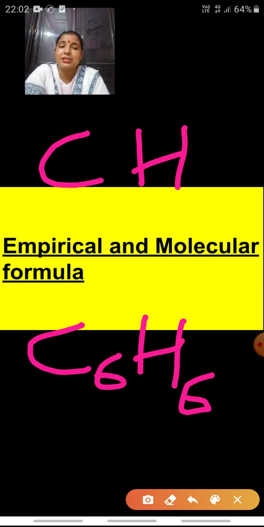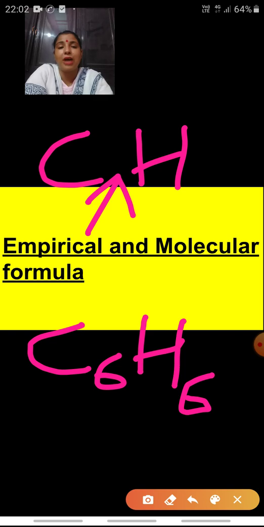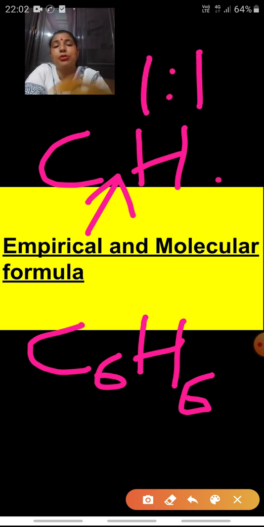It will just give you the simple whole number ratio of the different types of atoms present. Like the empirical formula for benzene is CH. That is, the ratio of carbon to hydrogen is 1:1. That is the simple whole number ratio.